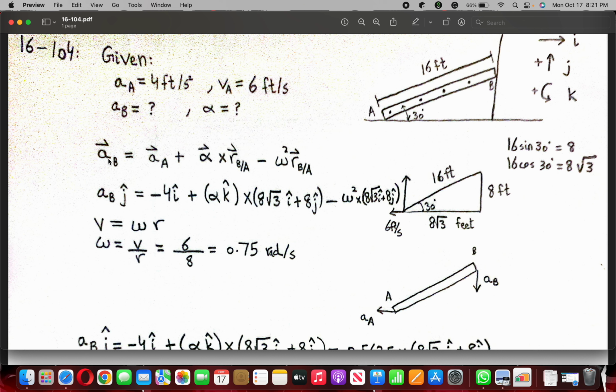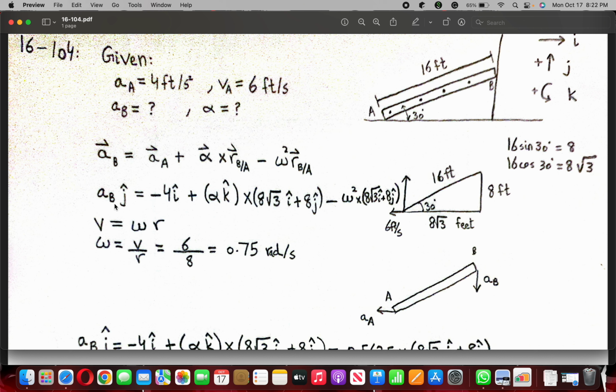For using this formula we have to find the acceleration at A, which is already given, then alpha which we are finding, and acceleration at B which we have to find, and we have to convert R into components of I and J. For that we have this triangle.